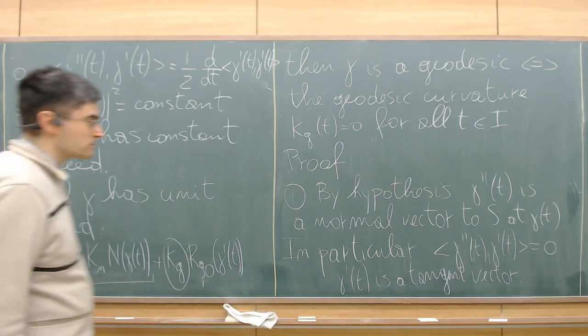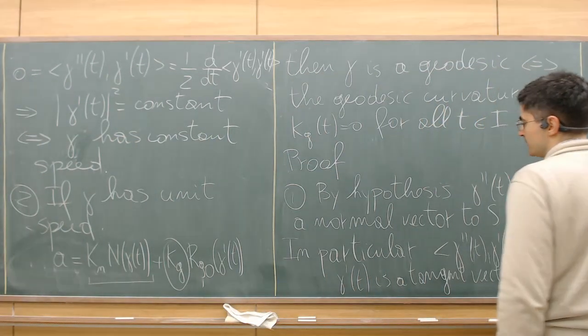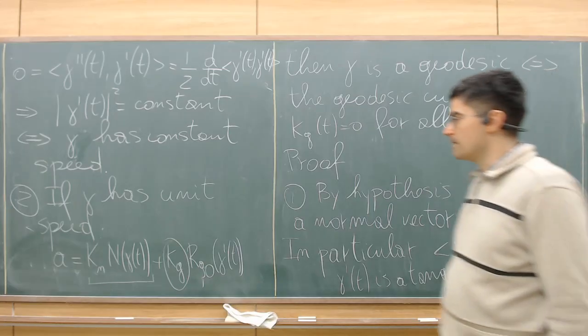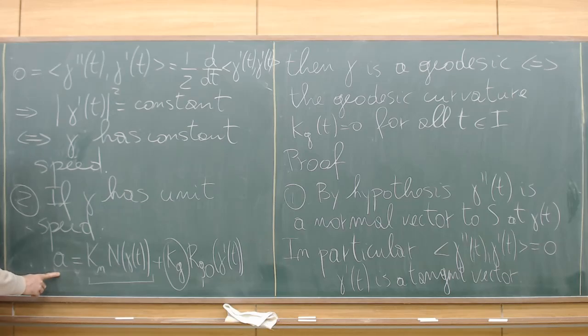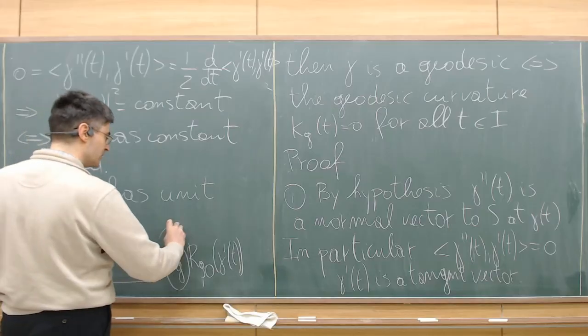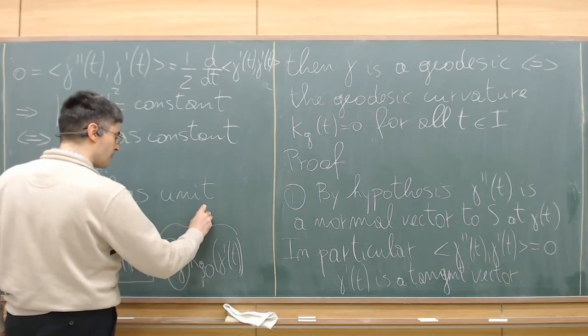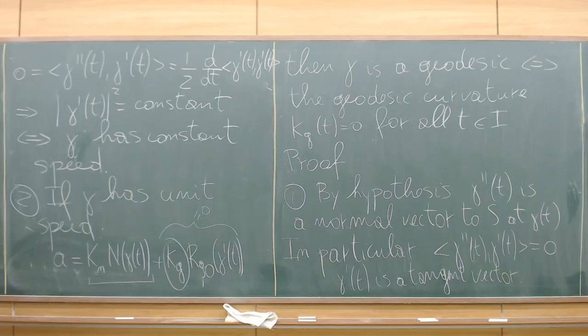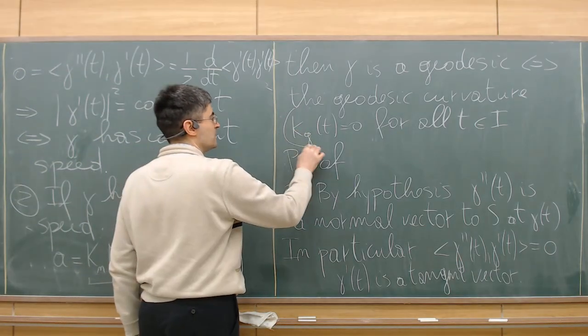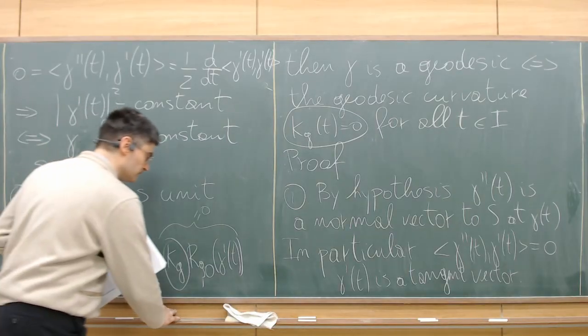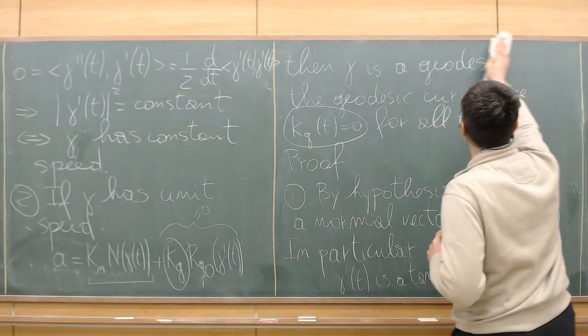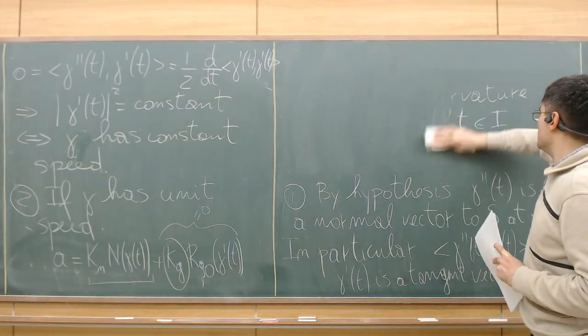If we look at the definition of geodesic, it is clear that the acceleration must be normal to the surface, so this component must be 0, which happens if and only if kg is 0. This is the end of the proof.